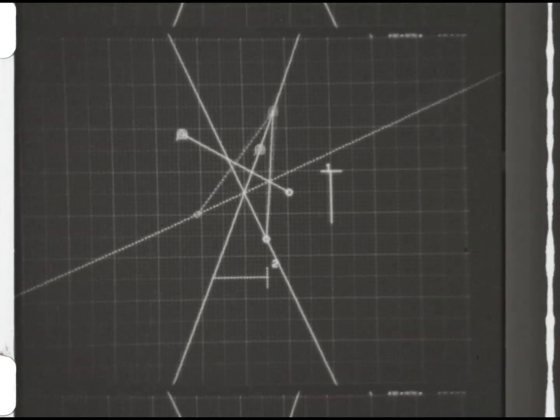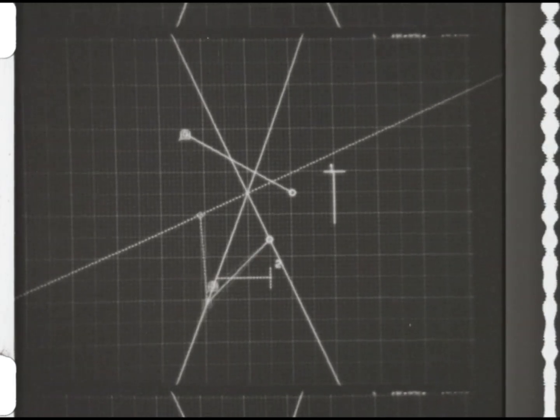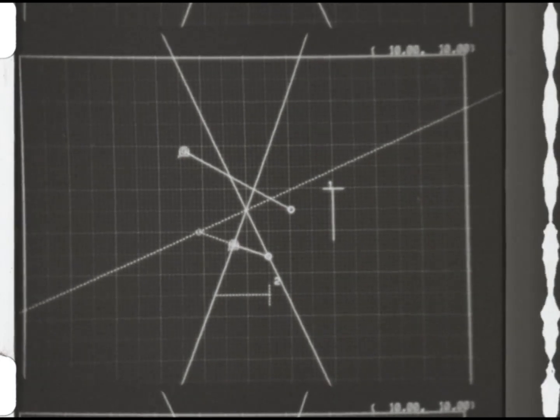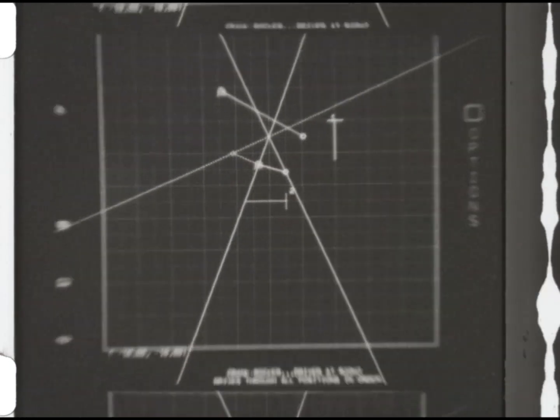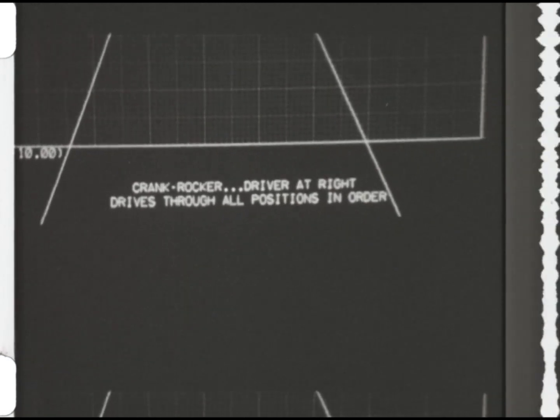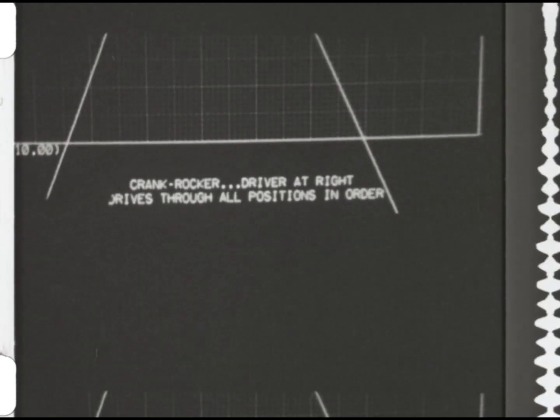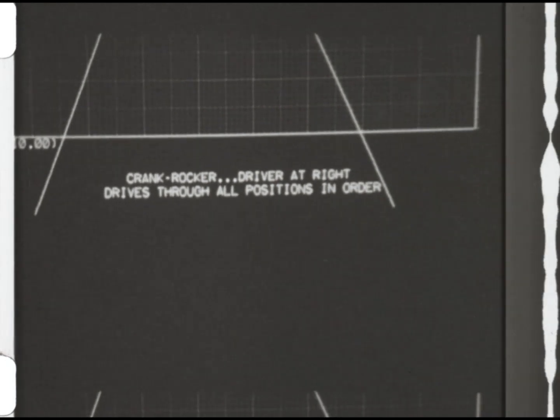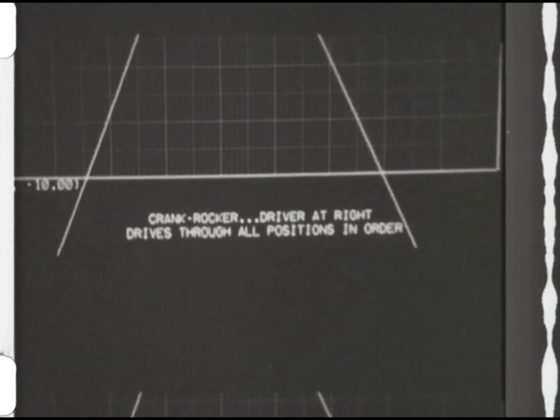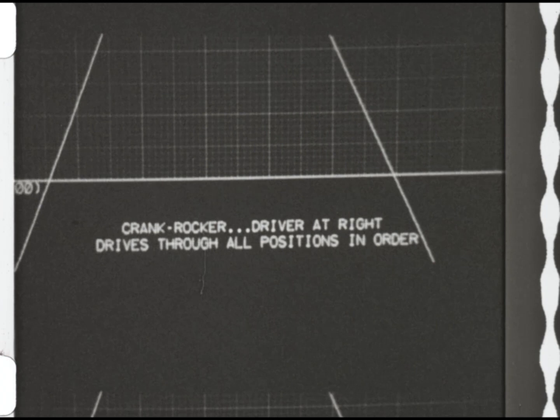As I pick the second pivot, notice that the computer occasionally flashes a bright box around the outside of the screen. What that means is that I found a linkage that will indeed guide this body through those two given design positions. At the bottom of the screen it says this is a crank rocker linkage.